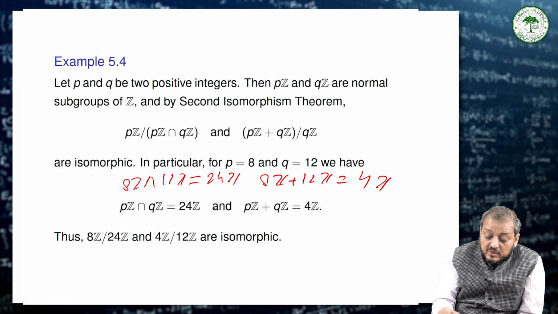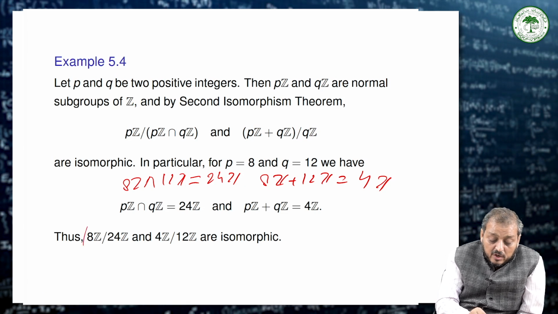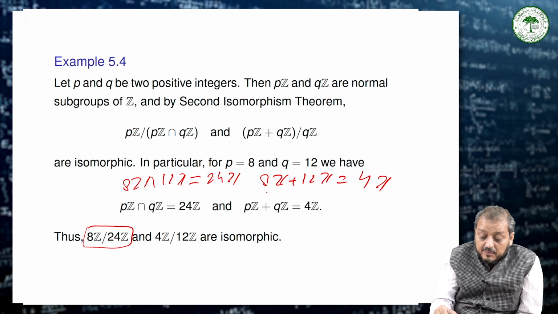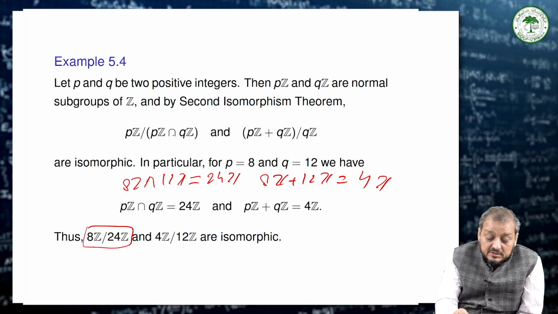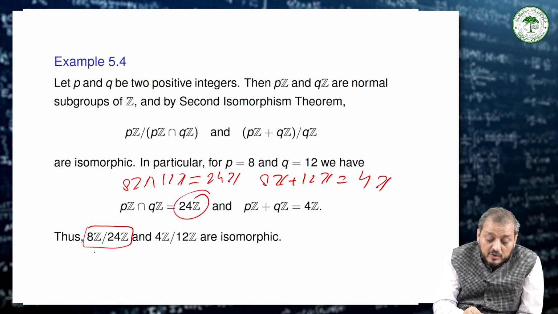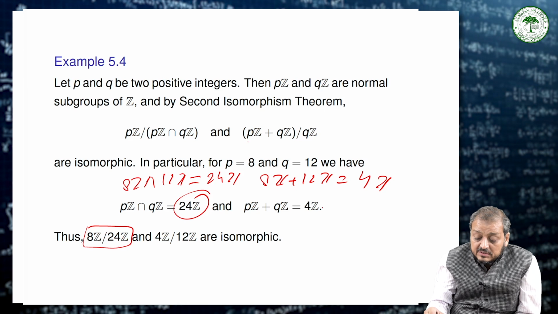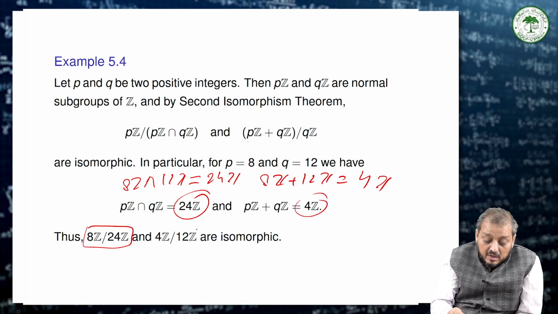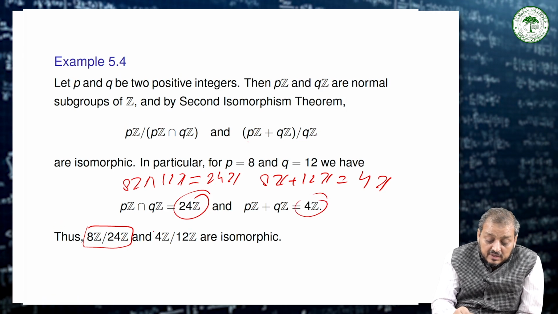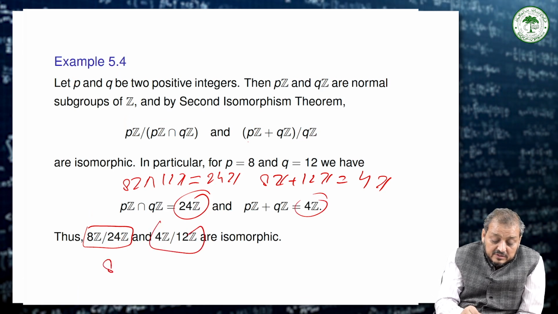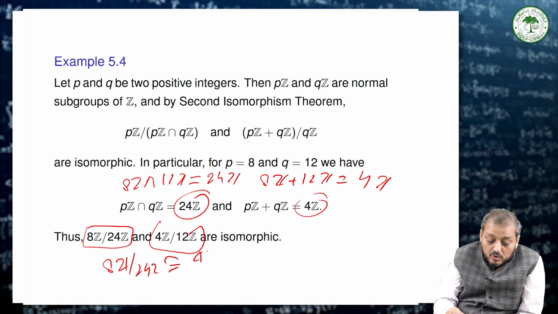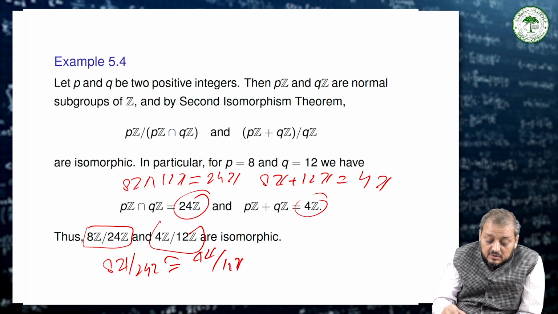So 8Z over the intersection, which is 24Z, gives 8Z over 24Z, and pZ plus qZ over qZ gives 4Z over 12Z. This means we can say that 8Z over 24Z is isomorphic to 4Z over 12Z.